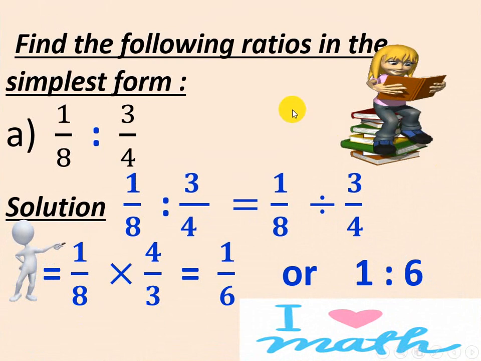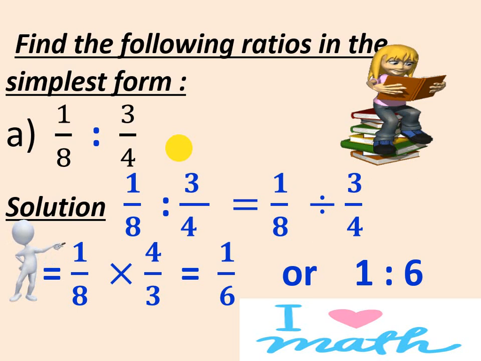Find the following ratios in the simplest form. Number A, 1 over 8 to 3 over 4. As we said before, my dear students, the two terms of the ratio must be whole numbers.